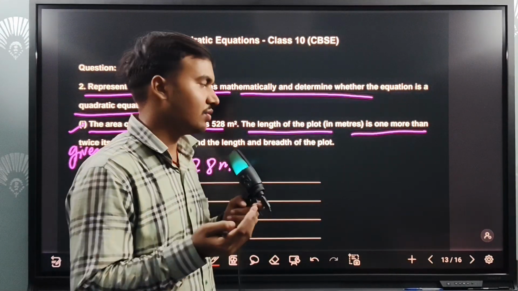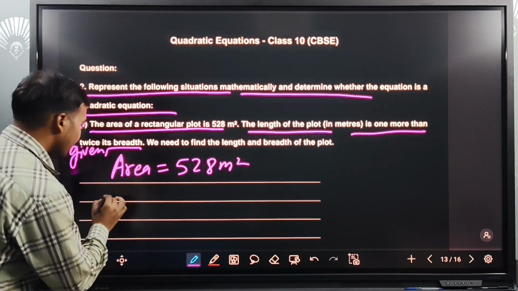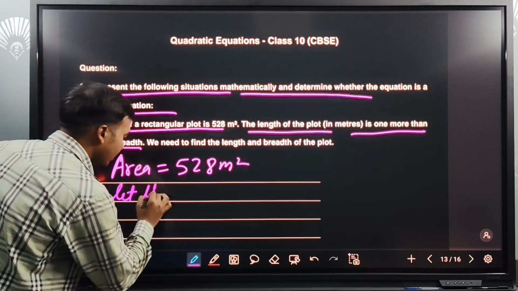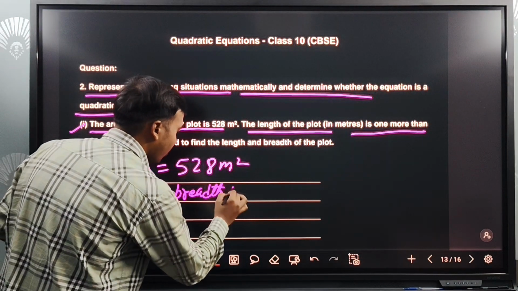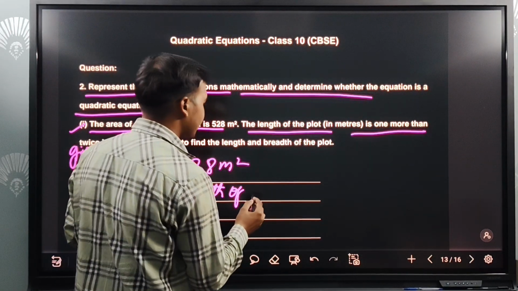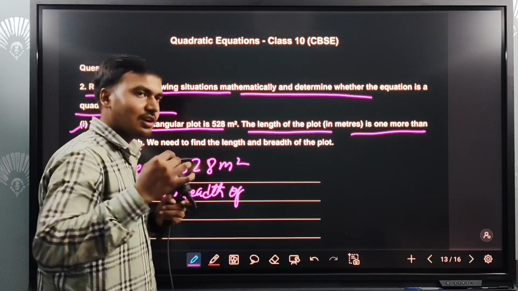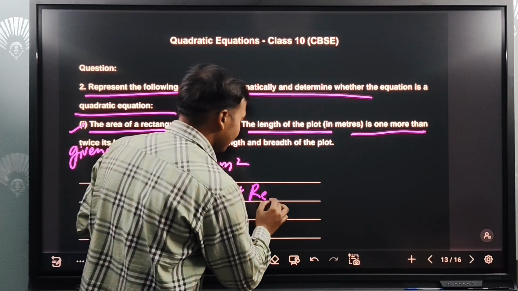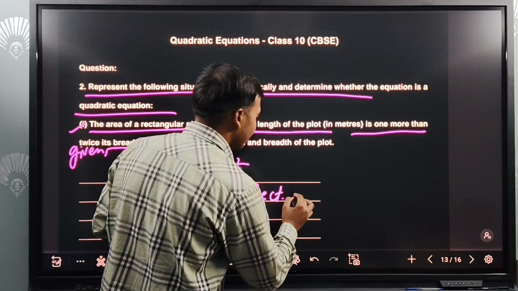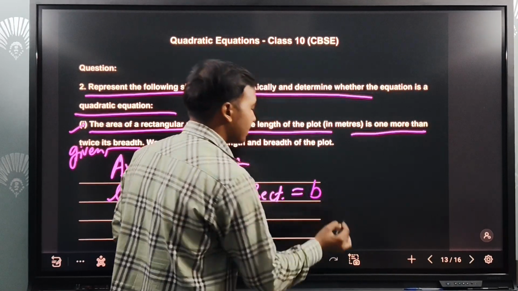So let the breadth of the rectangle be b, suppose we are considering b.